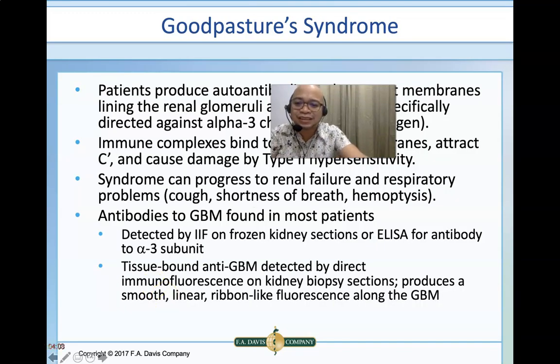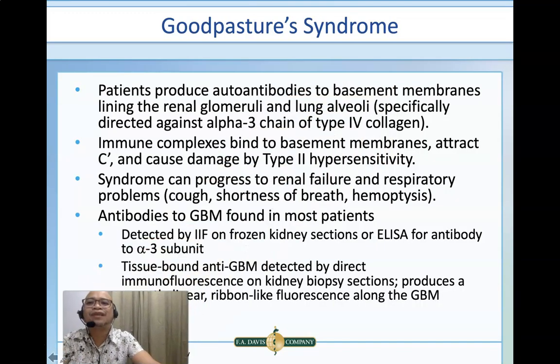Goodpasture syndrome is a type of autoimmune disease wherein the patient produces autoantibodies to the basement membrane. Okay? Lining the renal glomeruli and lung alveoli. So immune complex will be deposited in the kidneys and also in the lung alveoli, specifically directed against the alpha-3 chain of type 4 collagen.